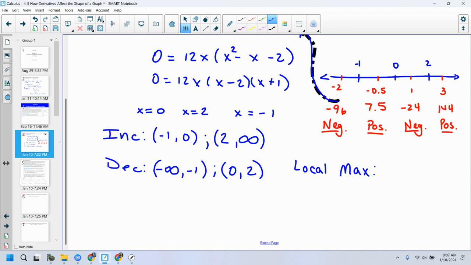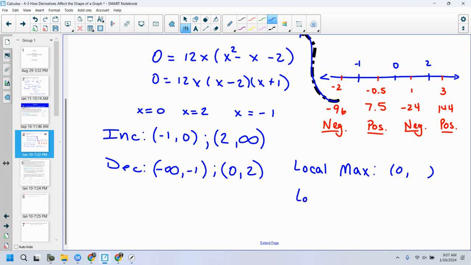There's a local maximum. Do I want to use a coordinate? Yeah, I think so. Local max at 0, something. I don't know what that something is yet. I know that it's a coordinate. So this is a local maximum at 0 because it goes from positive to negative.